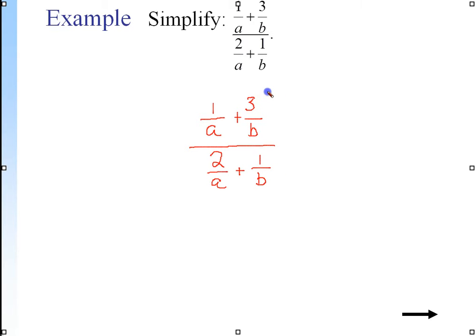And we do that by using this technique: putting a parenthesis, and then we're going to multiply the top and the bottom by the least common denominator. And this one's easy. But what is it? Well, it's AB. So over here I'm going to put an AB, and here I'm going to put an AB.